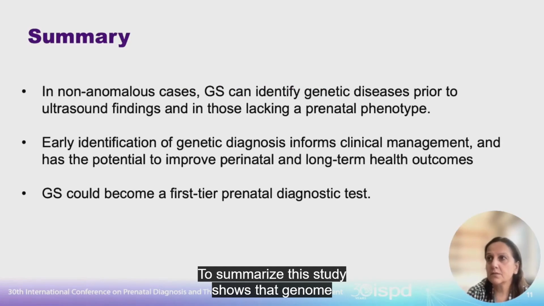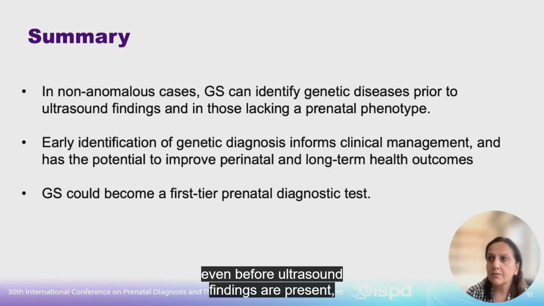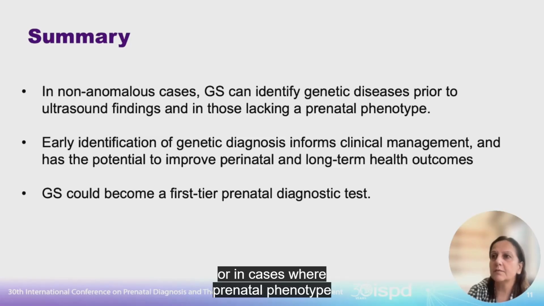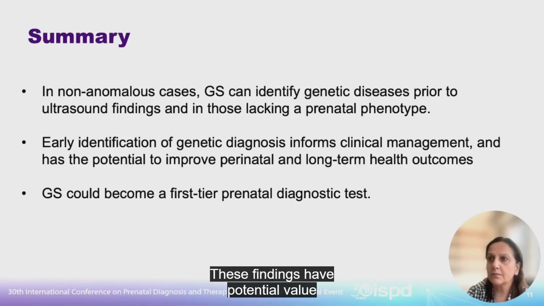To summarize, this study shows that genome sequencing in non-anomalous pregnancies can identify clinically significant genetic conditions even before ultrasound findings are present, or in cases where prenatal phenotype may never be obvious. These findings have potential value because they inform prenatal counseling, delivery planning, neonatal evaluation, early treatment, and childhood surveillance.